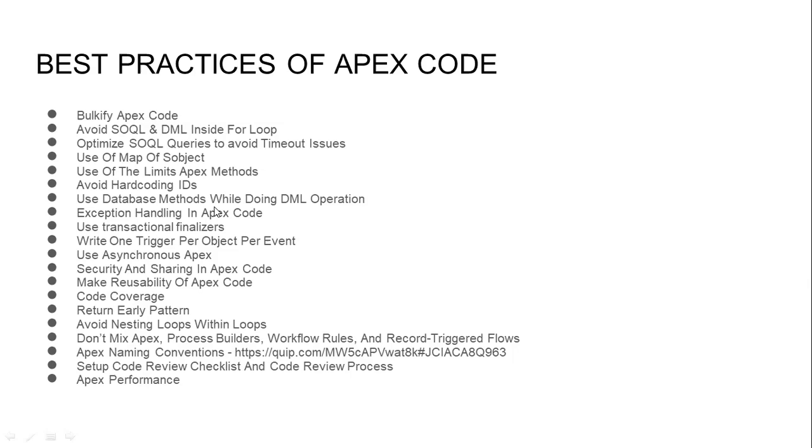The next best practice is around security and sharing in Apex code. Salesforce has given us three keywords: with sharing, without sharing, and inherited sharing, or default sharing, I would say. With sharing, when you write that class and do a query, it checks whether you have access to the records being queried through some mechanism.